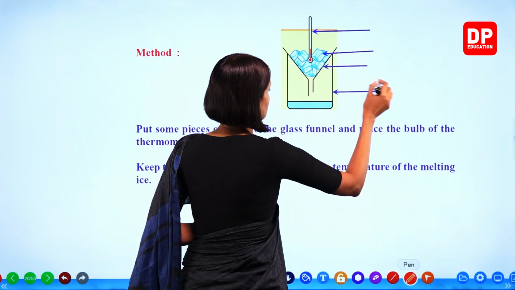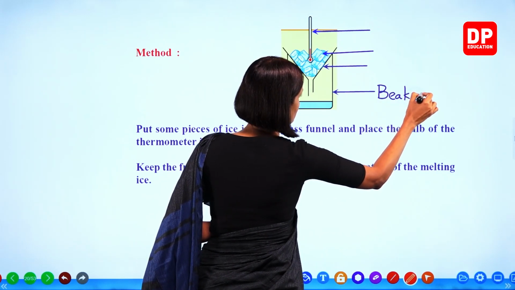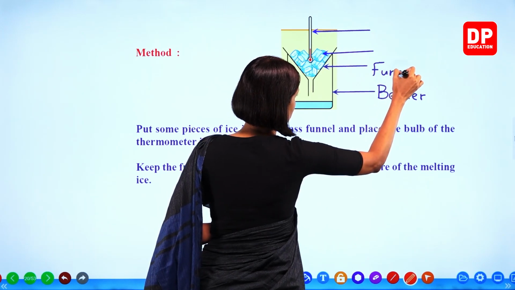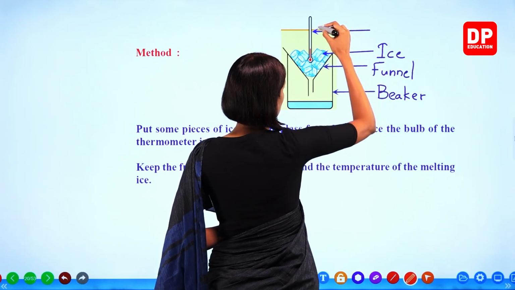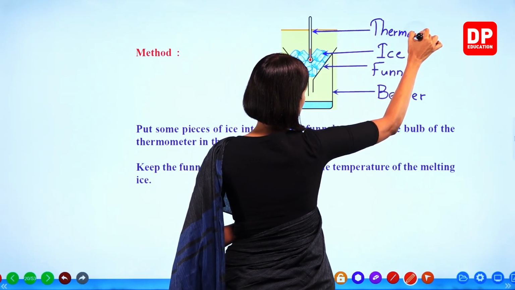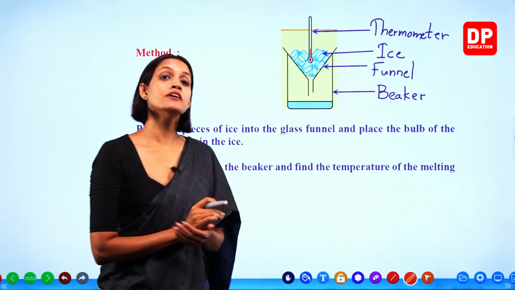Right. Beaker, glass funnel, ice, and the thermometer. Right, children?